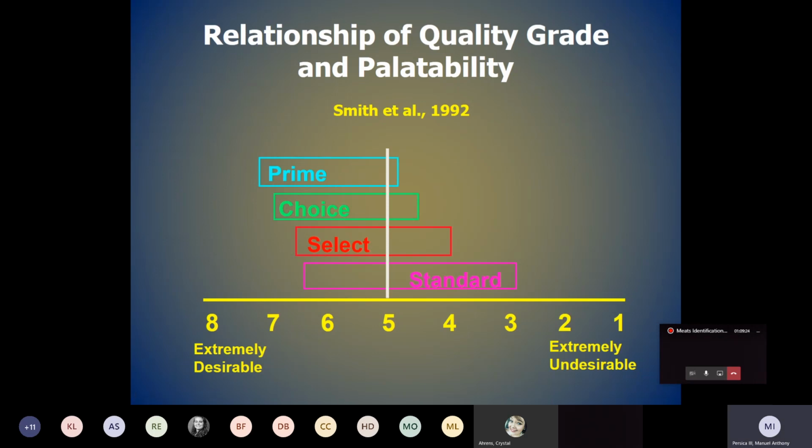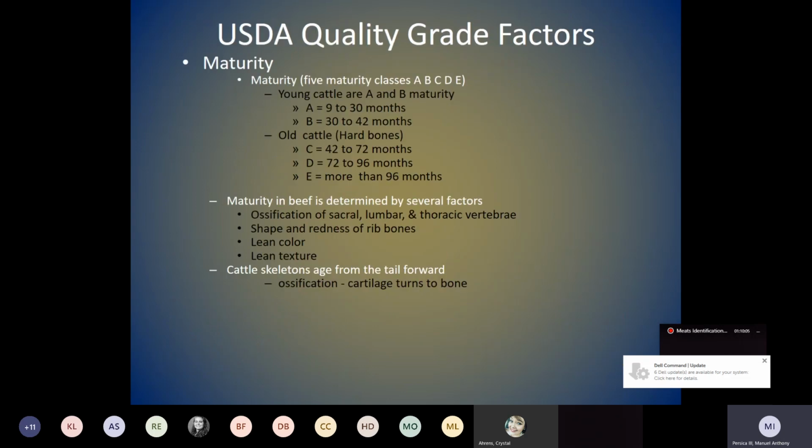Now, quality grade affects juiciness and flavor, and then it does show an indication of how much tenderness we can expect, because it's based off of age, and age plays a role on tenderness. But tenderness is also a function of genetics, which we can't see in the carcass too much without looking at just texture. So this is a little screen that I like to put up so people can understand why quality grade is so important, because it does affect our price.